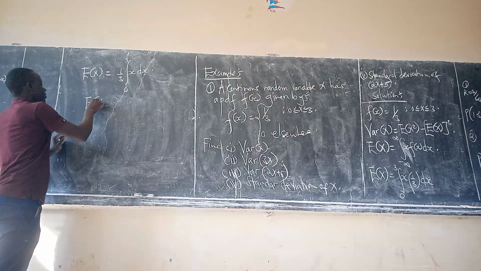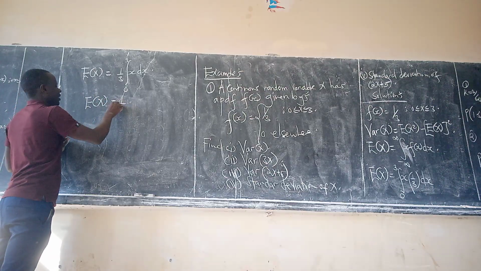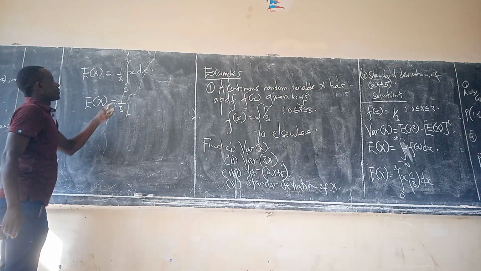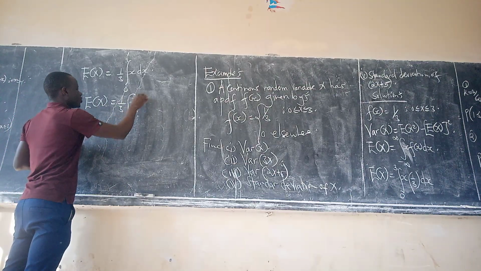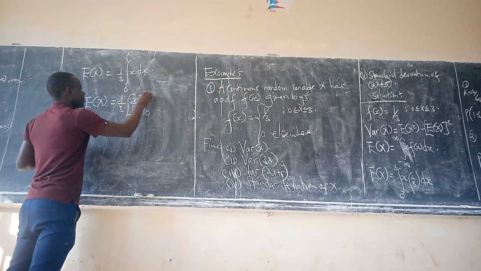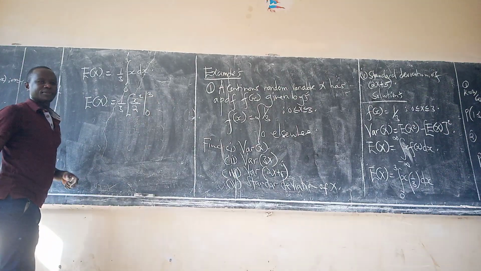When you integrate x, you get x squared over 2, but we are integrating from 0 to 3.